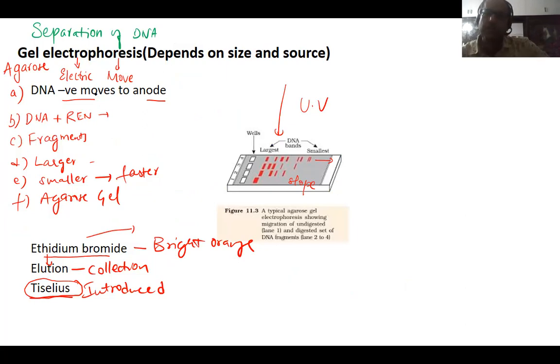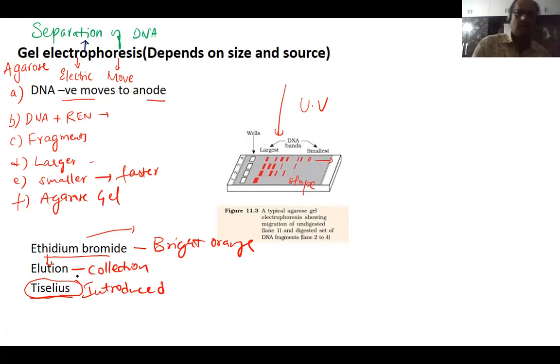It has to be broken into small pieces. We call this the separation of DNA. So basically, this is a method, and the principle is the separation of DNA into fragments. Overall, this method depends on the size as well as the source.